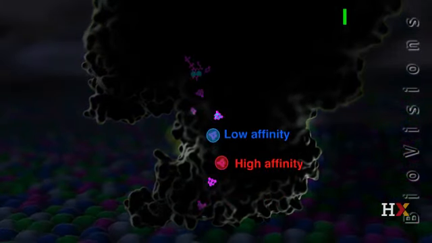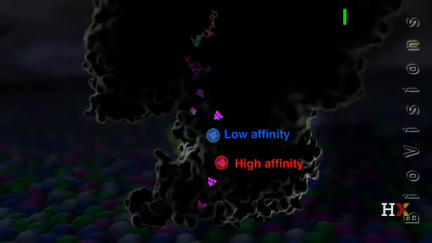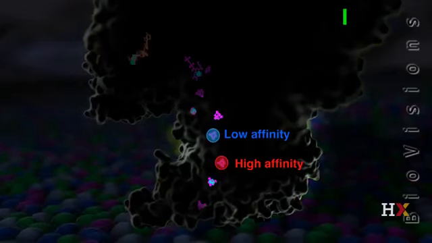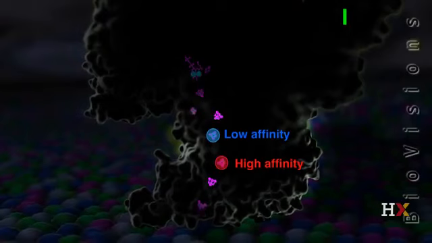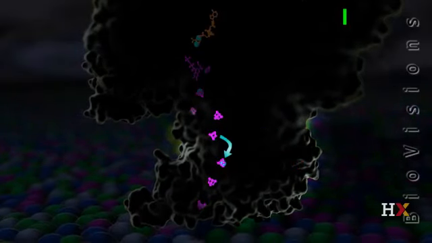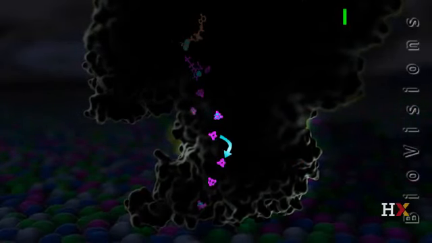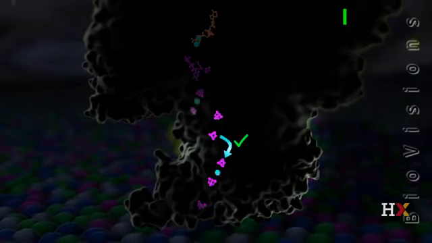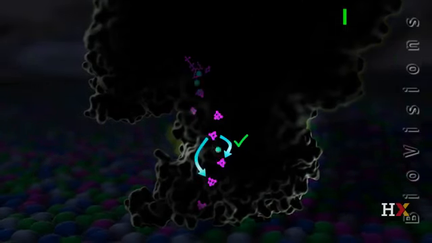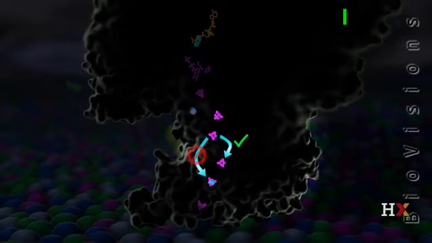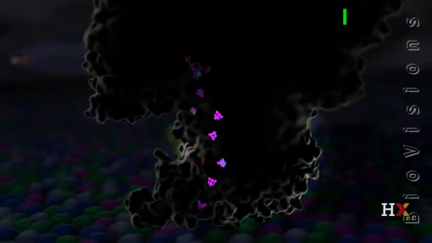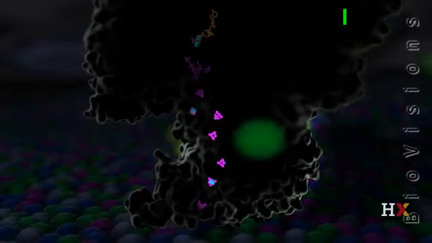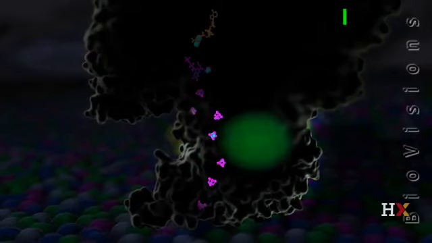First, the bottom redox center has higher affinity than the top one. Second, the distance between these adjacent redox centers is ideal for an electron jump to occur, which explains why electrons typically don't bypass the bottom redox center. A small amount of energy is released each time an electron is passed between redox centers.